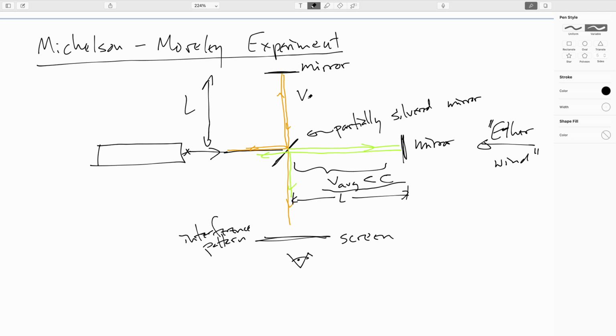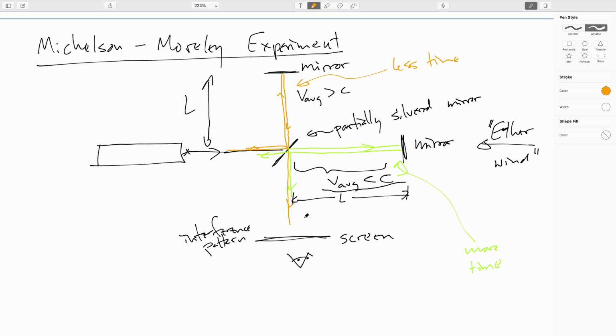So the average speed here would be greater than the speed of light. So this means that this round trip of light over here should take more time if there is a special observer. And over here, it should take less time.